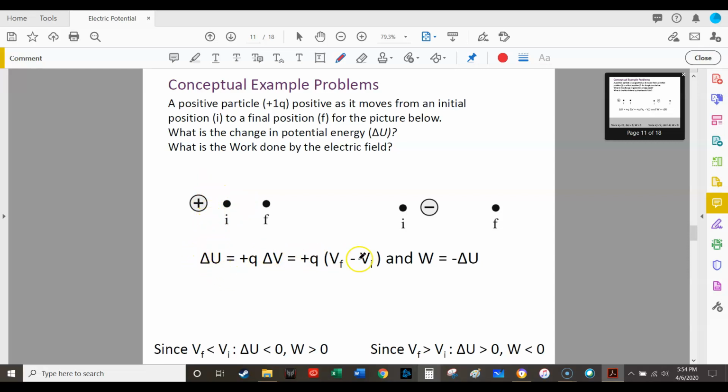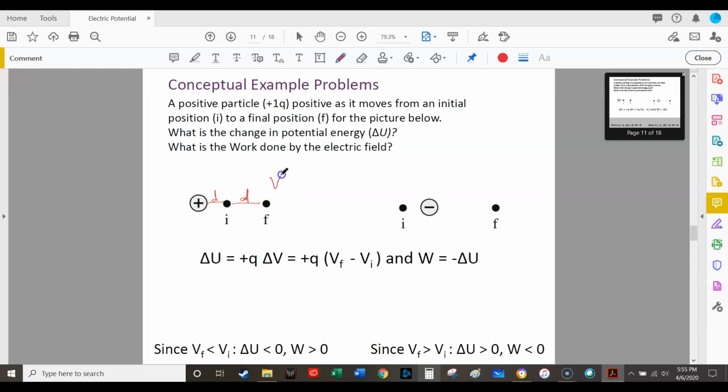Again, you're going to be following this. So you're going to take a positive charge and place it at I, and you have a positive charge and you're going to place it at F. And again, let's say that I is a distance D away, and that F is a distance 2D away.